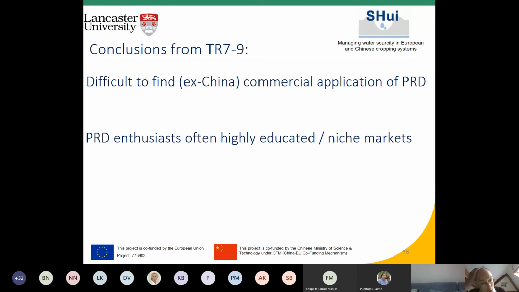Those that I have found, often the growers are very enthusiastic about partial root zone drying, and are often highly educated or supplying niche markets.